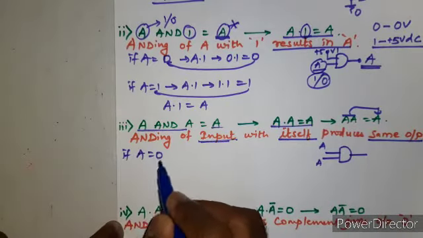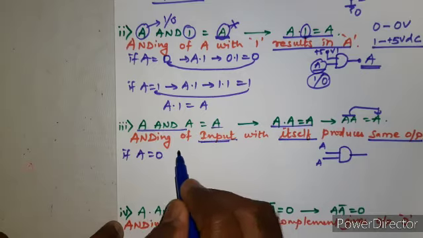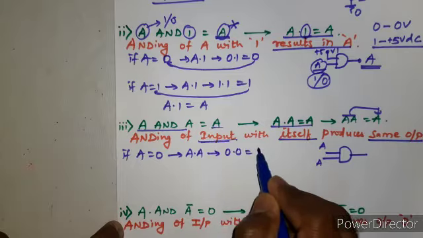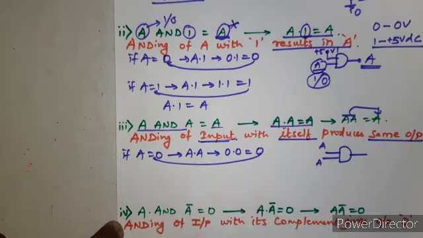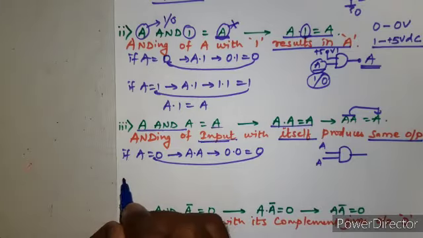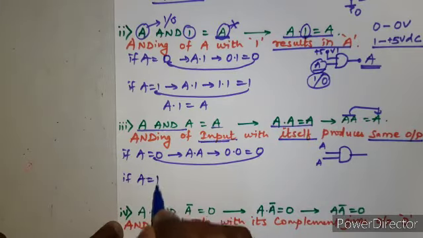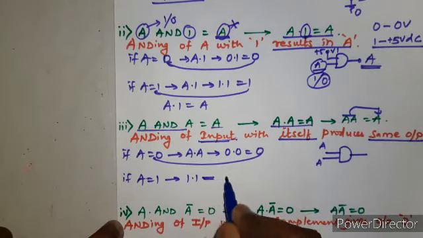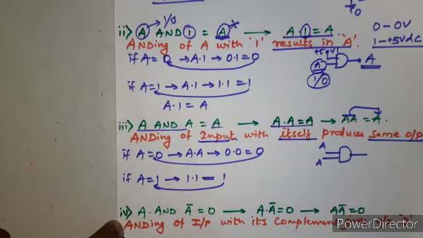If A equals 0, here we have A dot A, meaning 0 dot 0 is 0. That is the value of A. Now if A equals 1, this is 1 dot 1, which is equal to 1, which is the value of A. Therefore we can say A dot A equals A. One variable ANDed with itself will give you the same output.